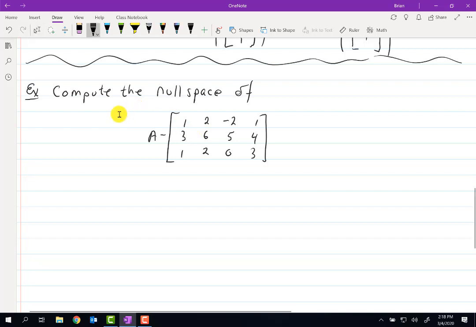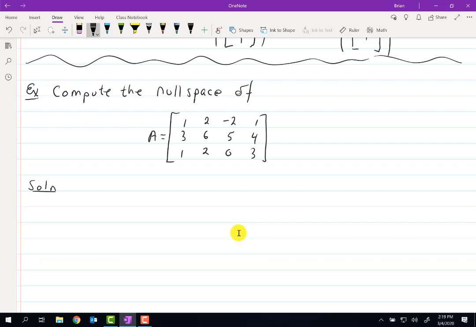So there's my matrix A. Let's go ahead and see if we can compute the null space. So this time, if you look, we have 1, 2, 3, 4 columns. So anything I'm looking for to be a solution has to have 4 rows in it, or the vector has to be a 4 by 1 vector.